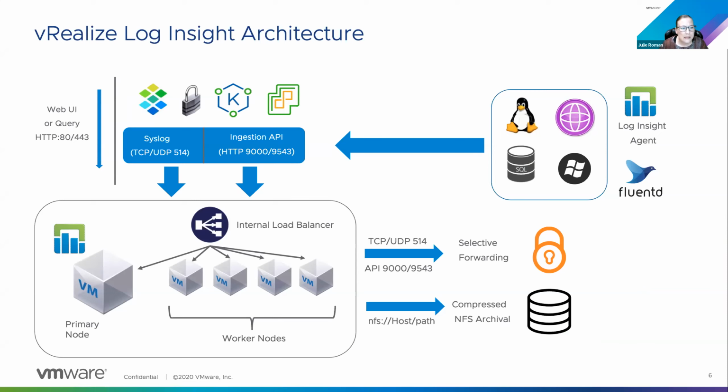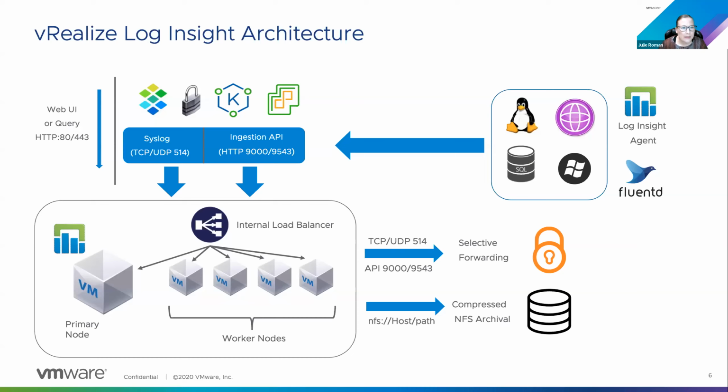You can send via syslog, via 514. You can do secure syslog if you want to use certificates. We can also use the ingestion API, and that is actually the Log Insight agent, so you can do that over HTTP or HTTPS. That does require an agent installed into the guest OS, and we support Linux and Windows platforms.